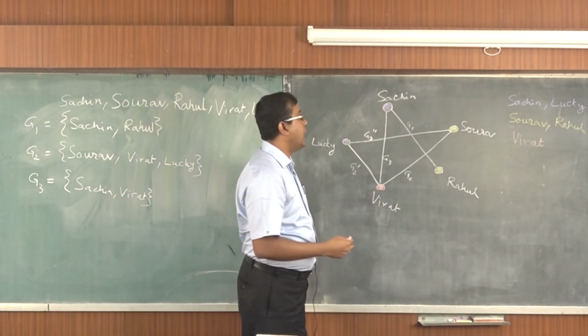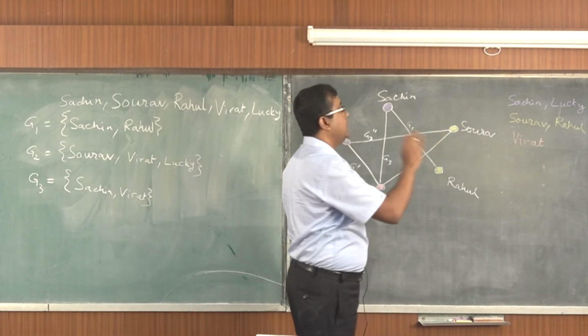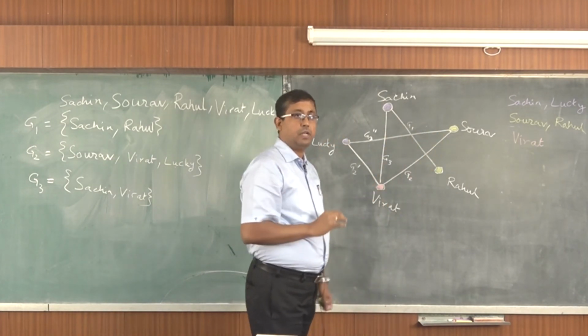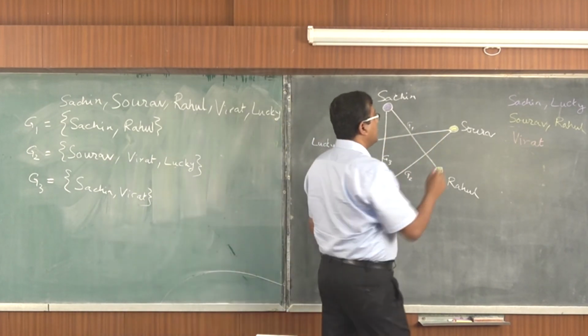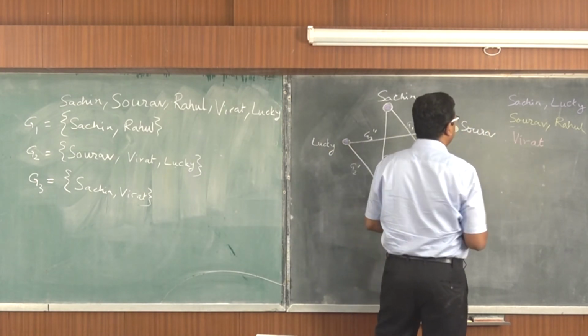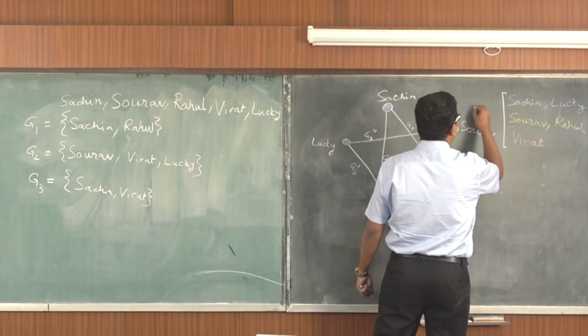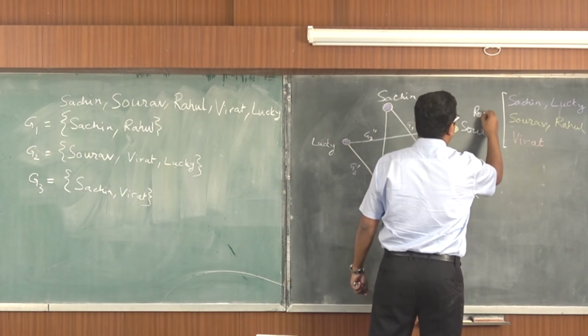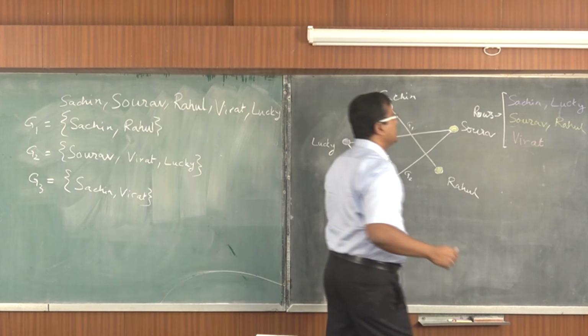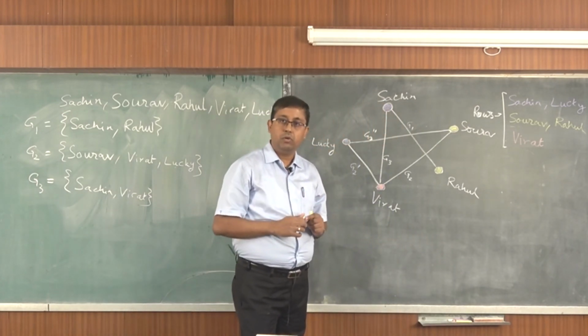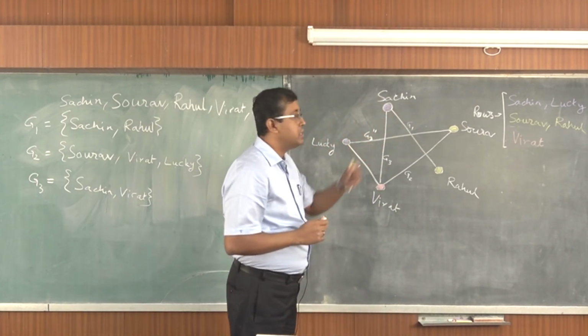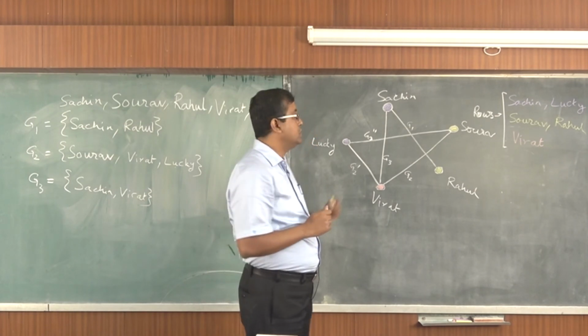In other words, I have been able to label each one of them with a different color, and these different colors now represent the different rows that they can be seated in. So Sachin and Lucky can be made to sit in one row, which is a violet row. Saurav and Rahul can be made to sit in another row, which is a yellow row.